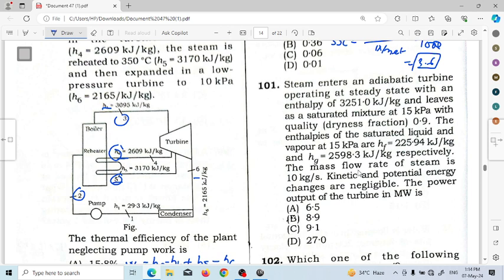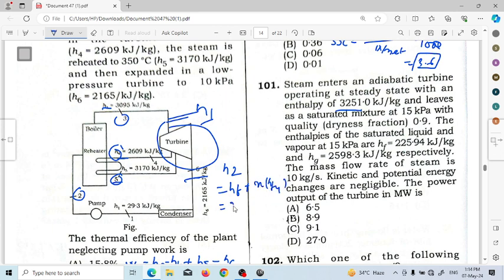So we have to find H2, given H1 is 3251. This is the turbine. Let's take this turbine for this question. H1 is given, and H2 we have to find. H2 will be Hf plus x into Hfg.